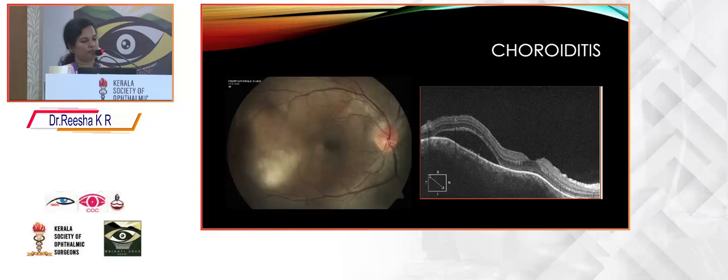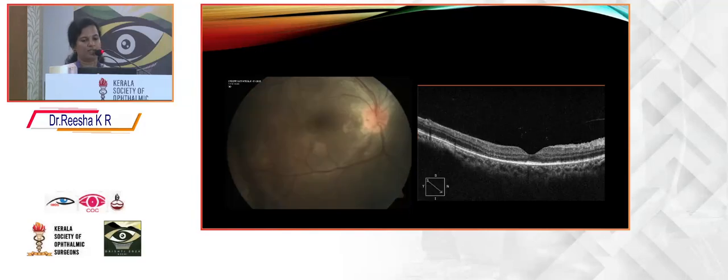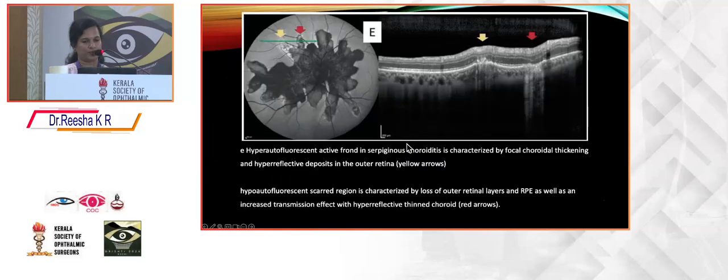Here is a case of choroiditis showing elevated RPE with fluid detachment, and again contact sign is a marker for TB choroiditis in OCT. See, after the treatment, choroiditis lesion disappeared and RPE level became low.